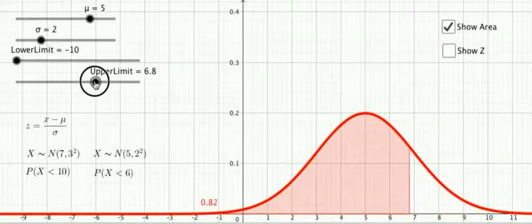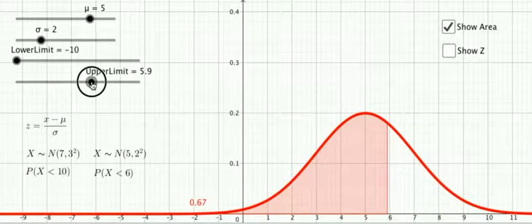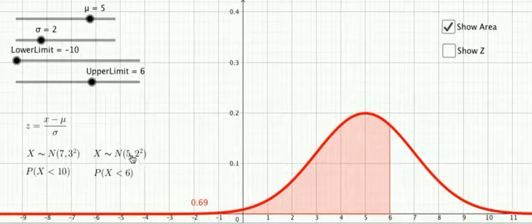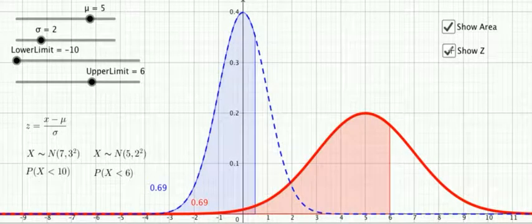Sorry, I need to just change my upper limit here to being 6. So we said that this formula will make this into a half, and if we change that, we can see that that proves to be the case when the Z value is equal to a half. I get a probability beneath that value of 0.69, just as I did for the probability that X is less than 6 over here.